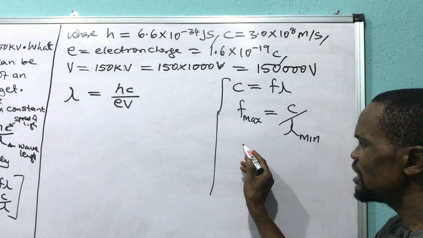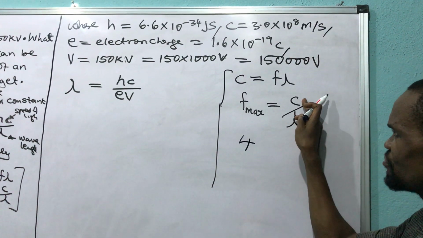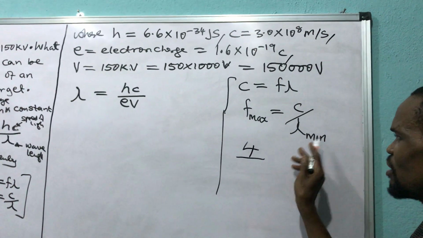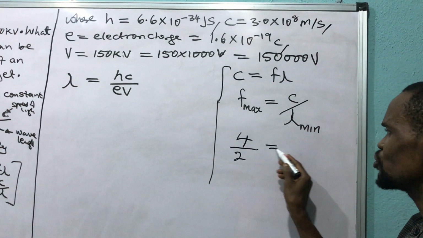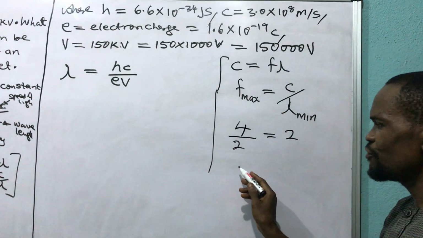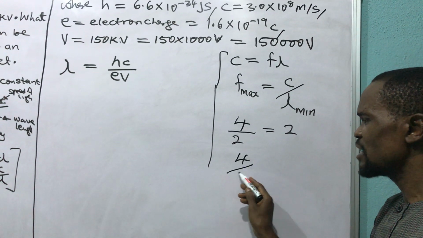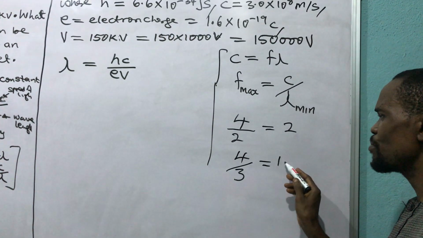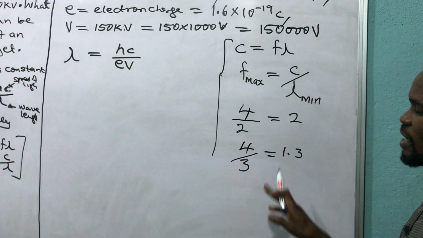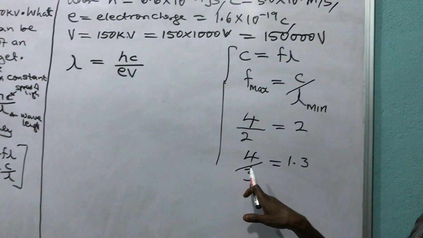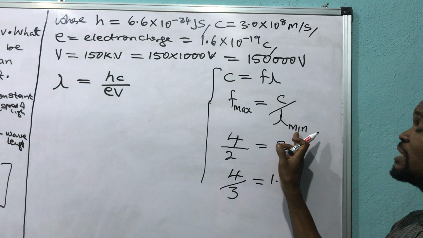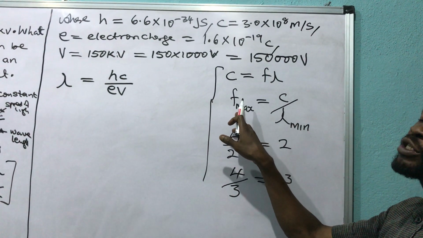For instance, if the value of c is 4, and I have the value of lambda to be 2, what am I going to have? 2. Then what if I have c as 4 and lambda to be 3, what will happen? It will be 1.3 something. That means the more the lambda, the lesser the frequency.